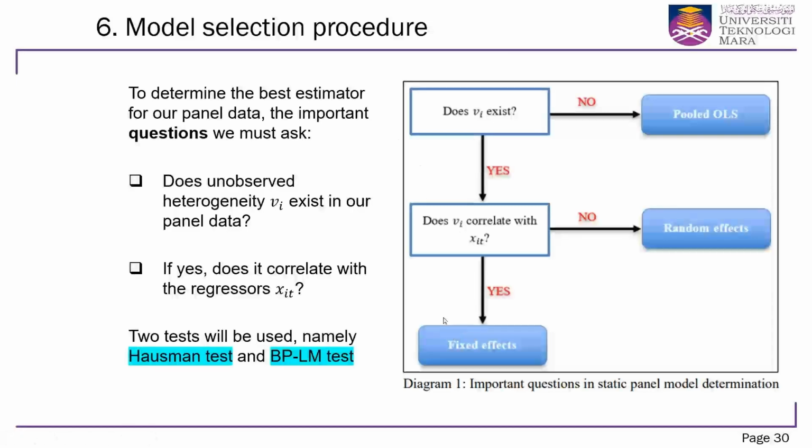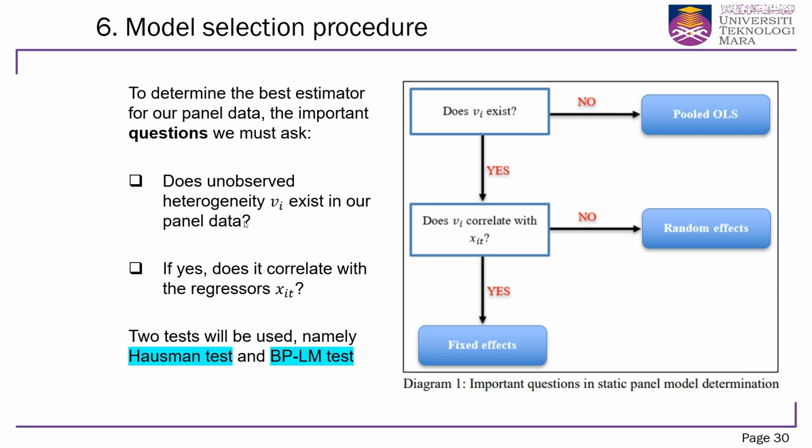Hence, in the model selection procedure, we must ask these important questions about our panel data. Firstly, do we really think that the cross-sectional units in our data, like countries in our sample data just now, are identical and have no unique characteristics? If our data are about firms or persons, then do we really think that the firms or the persons are identical?